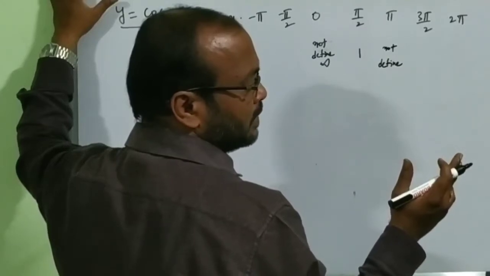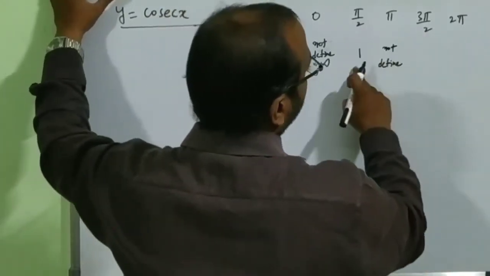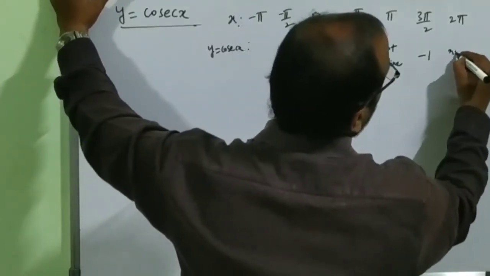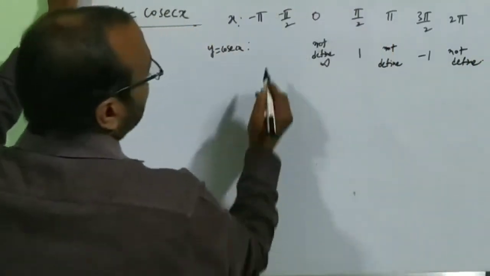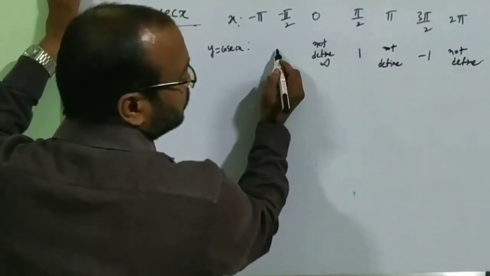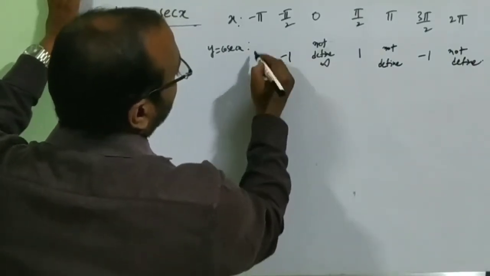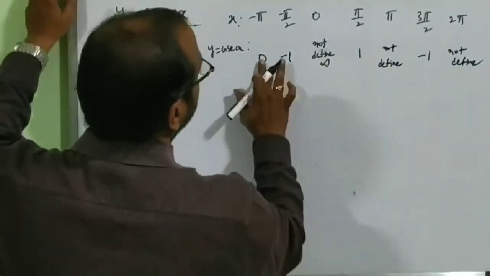Cosec of pi plus pi by 2 in the sense here minus cosec pi by 2. Cosec pi by 2 value is 1, this is minus 1. Cosec 2 pi value, this value is same. So this is not defined again. Next, cosec minus pi by 2. So cosec is the odd function. So that's why this is minus 1. And at 0 only, this is not defined.